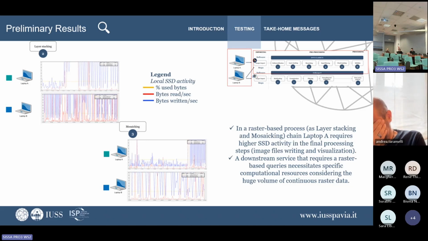This is the process where the image is written and visualized, while laptop B, thanks to its higher computational capacity, can continuously write temporary files. Downstream services that require raster-based queries necessitate specific computational resources, considering the huge amount of raster data.